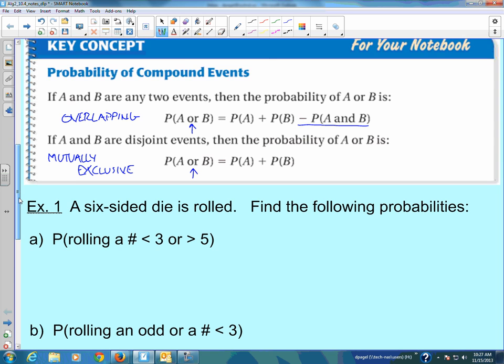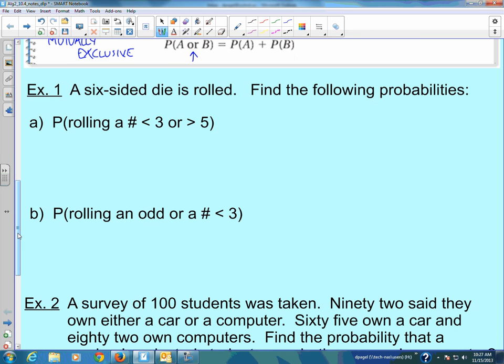All right, a 6-sided die is rolled. Find the following probabilities. What is the probability that I roll it 1 time, and in doing so, I roll a number that's less than 3, or it happens to land on a number that's greater than 5? In order for me to consider this probability, I take into consideration whether or not, when I roll the die once, I can get at the same time a number that's less than 3 and a number that is greater than 5.